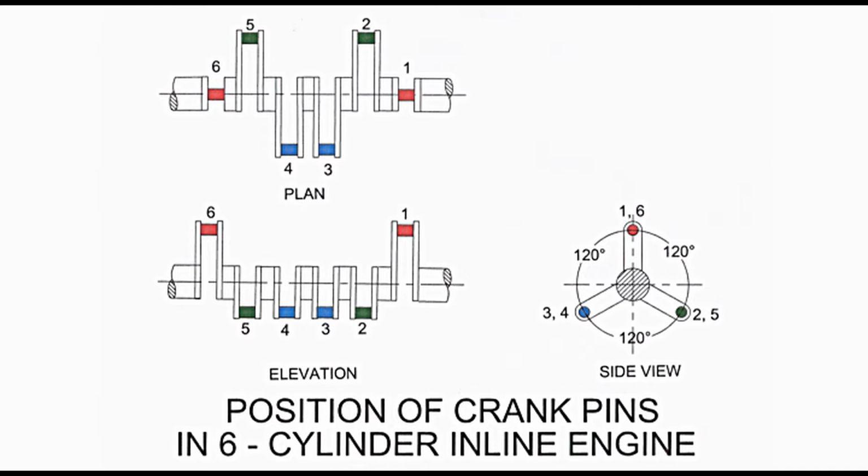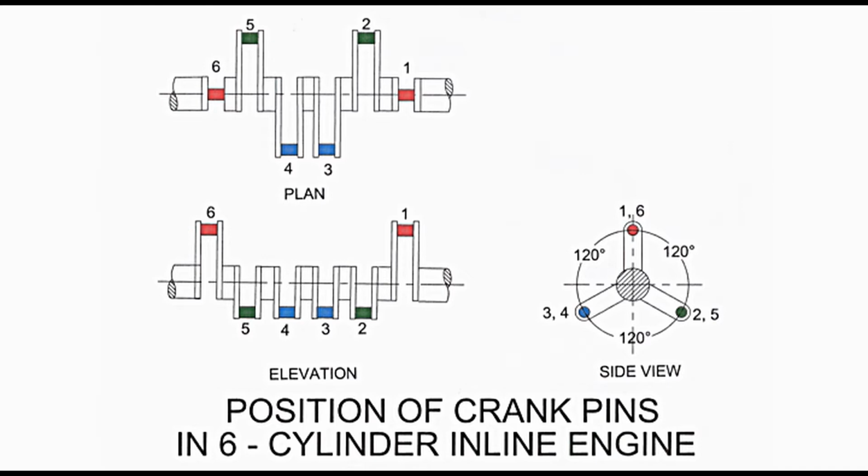One pair of crank throws is in a single radial plane. Therefore, there are 3 radial planes. These are 120 degrees apart as shown in the side view. It indicates that in cylinders 1 and 6 the pistons are at TDC. In cylinders 2 and 5 these are 120 degrees ahead.